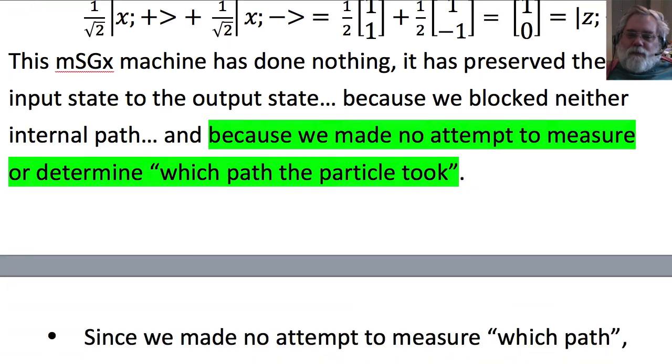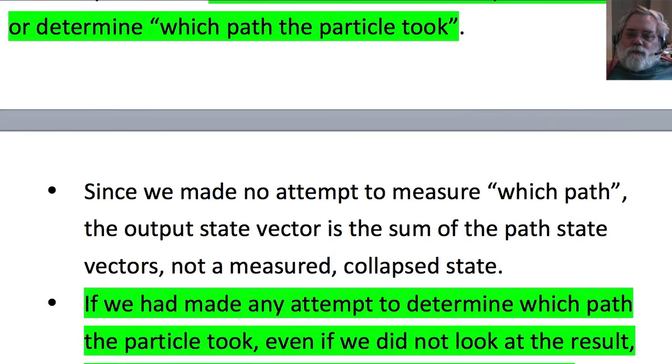That subtlety is important. Since we made no attempt to measure which path, the output state vector is the sum of the path state vectors, not a measured collapse state.